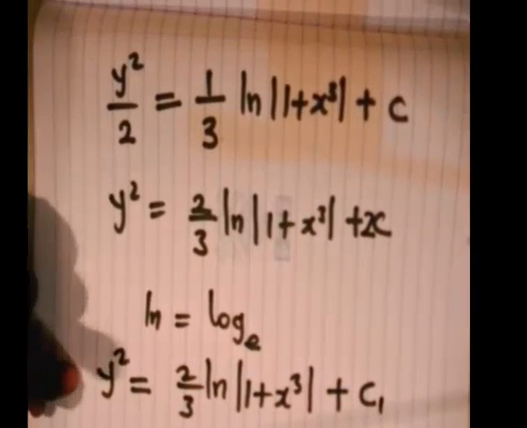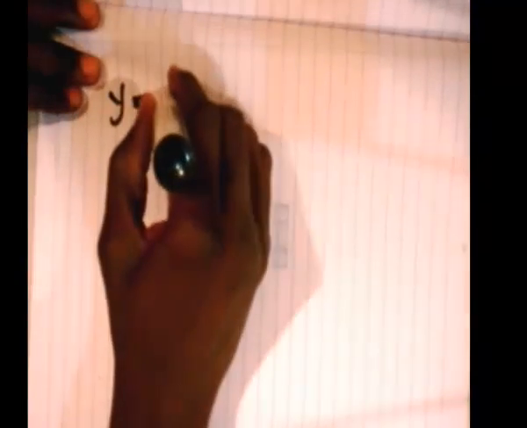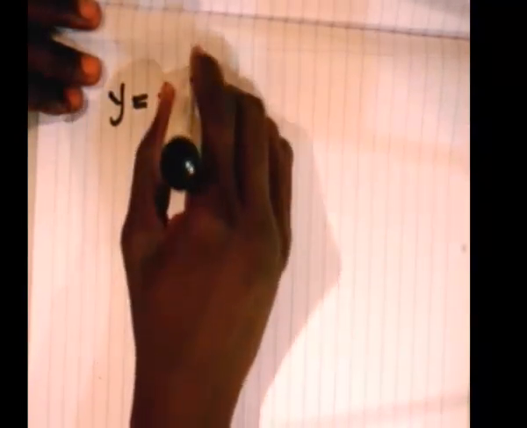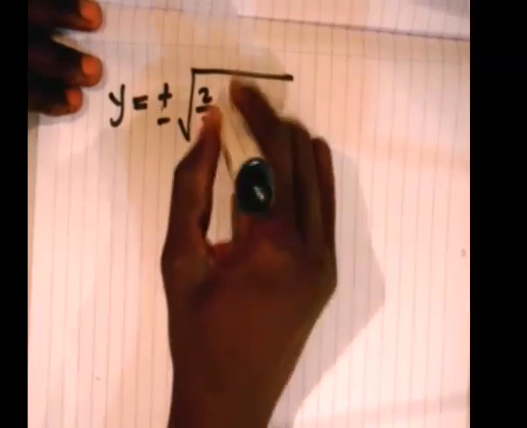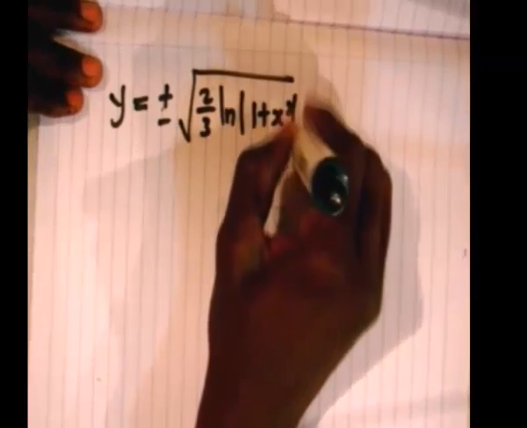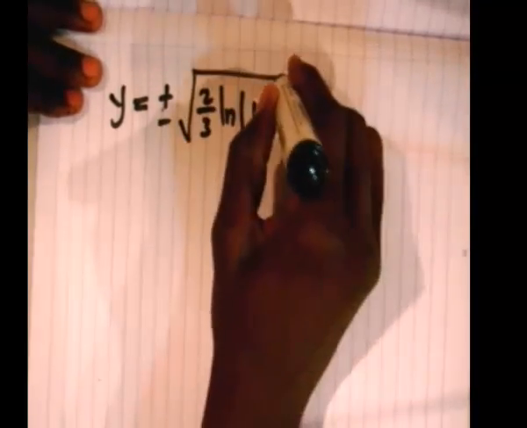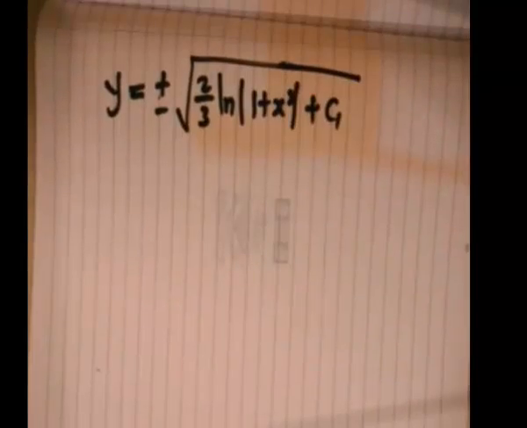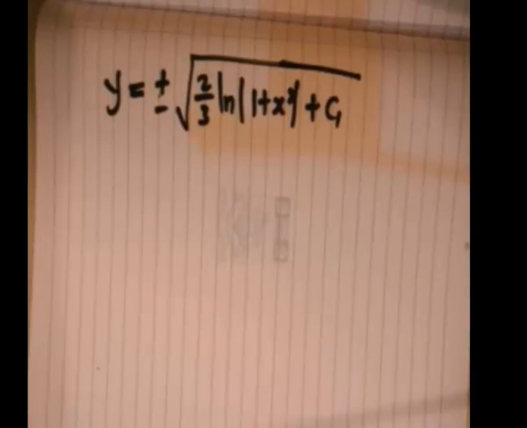So from here, the solution of that differential equation is y equals plus or minus the square root of 2 on 3 ln of the absolute value of 1 plus x cubed plus c1. This is the solution of the given ordinary differential equation of the first order.